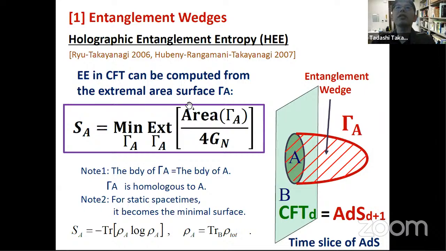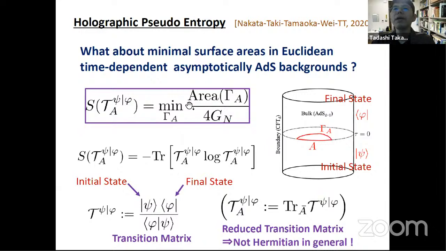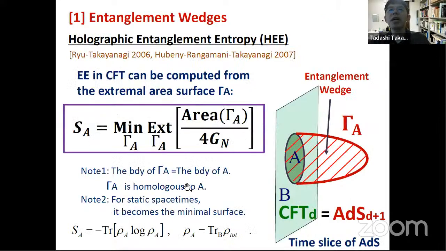Before we go on, I'd like to briefly introduce our recent progress on some generalization of holographic entanglement entropy. We can apply this formula to Lorentzian time-dependent backgrounds, also of course including static spacetime.